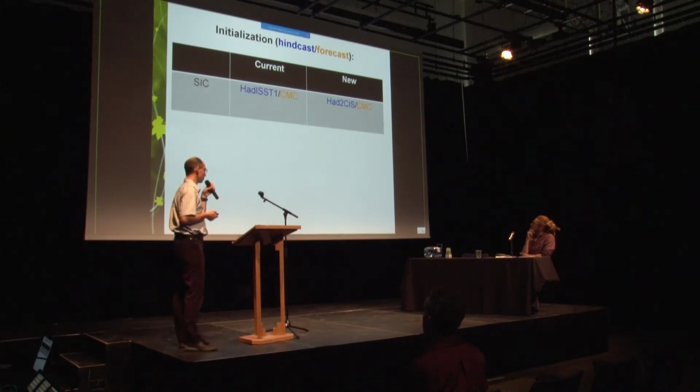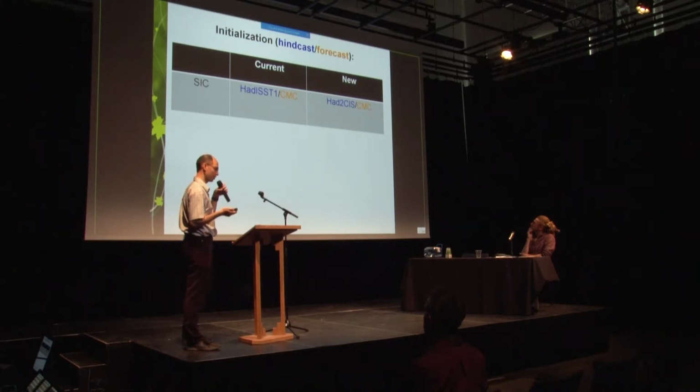And this is basically a slide summarizing Bill's talk. In the old system, we had this temporal inconsistency between the hindcast and the forecast, which made our seasonal forecast of sea ice basically unusable. This has been improved by using a new data set that's more consistent with the operational data set used to initialize our operational forecast.